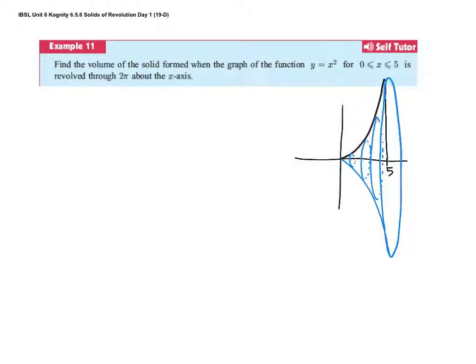But what volume would that be? Well, we do the integral from 0 to 5 of x squared squared dx times pi. So there's our volume. So pi, we have x squared squared, which is x to the 4th, so the integral is x to the 5th over 5.